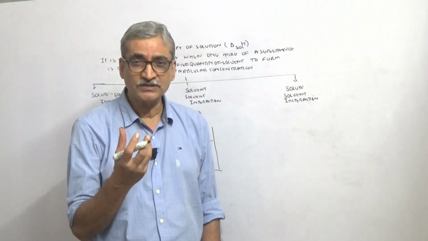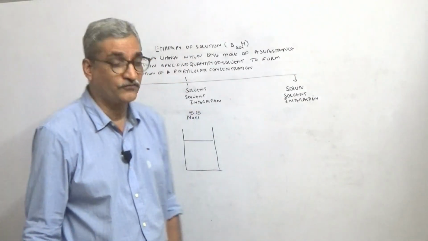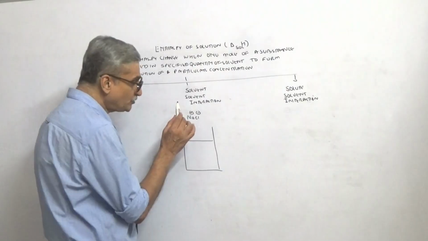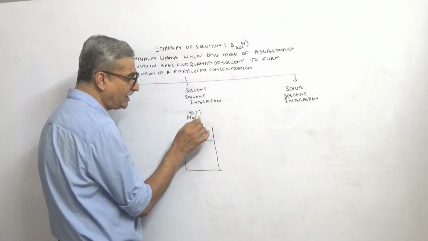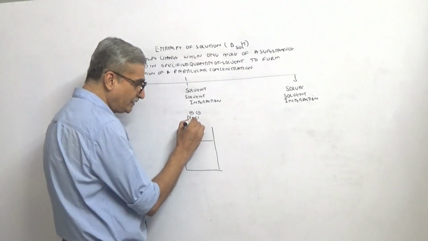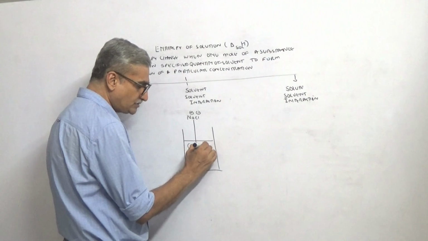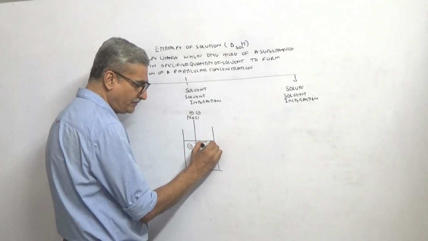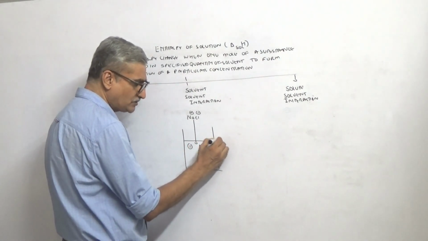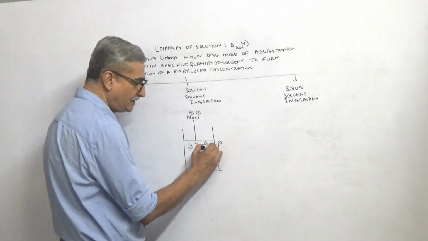When it was a solid, there was an electrostatic force of attraction which was holding the sodium ion and chloride ion. So first when it goes in, step 1, what has it to do? It has to overcome this sodium chloride force of attraction and become sodium ion and chloride ion.